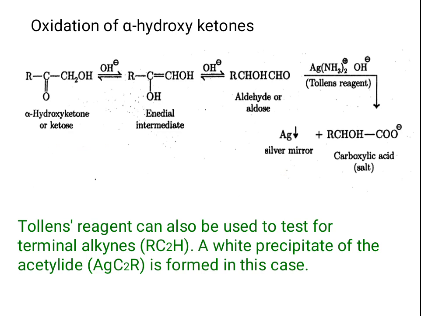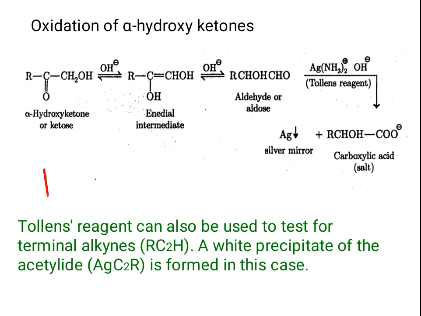Tollens reagent can also be used to test for terminal alkynes. A white precipitate of the acetylide is formed in this case. Okay, in case of terminal alkyne, if this is present in your reaction mixture, then it can give some false test. Let me show you.